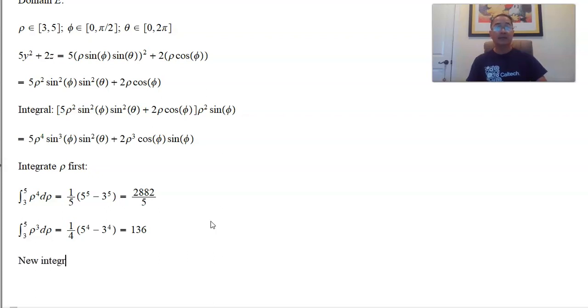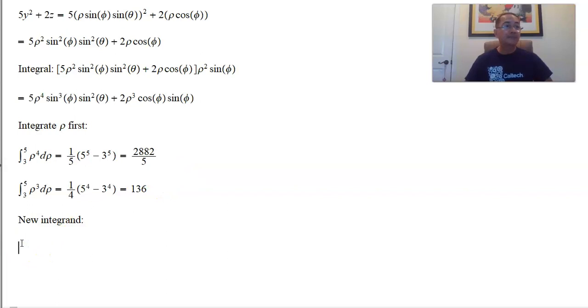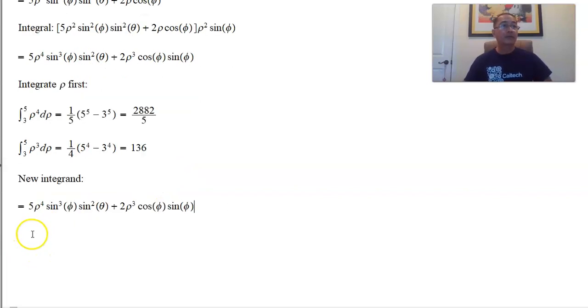So the new integrand is now going to be, instead of this, we are going to replace rho to the 4 with that integral. So nice, we can cancel the 5.